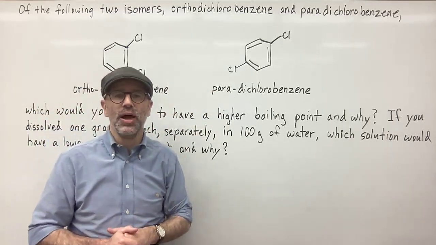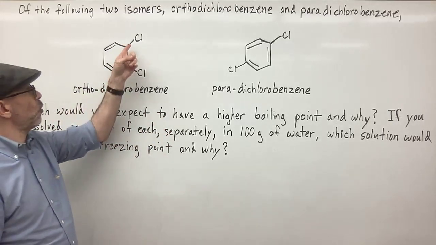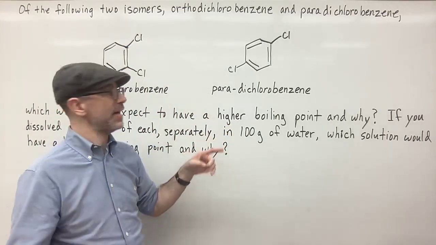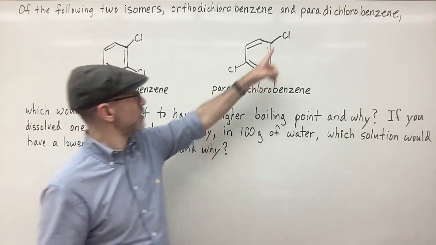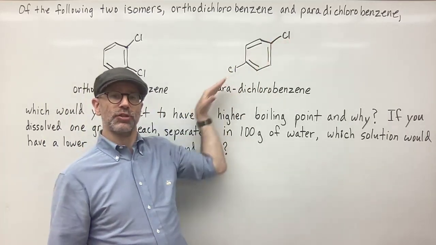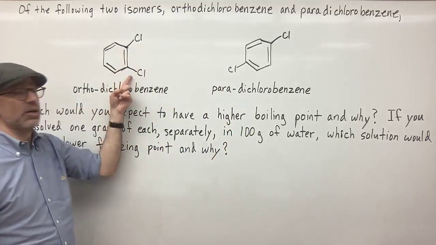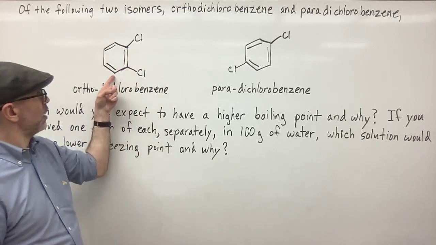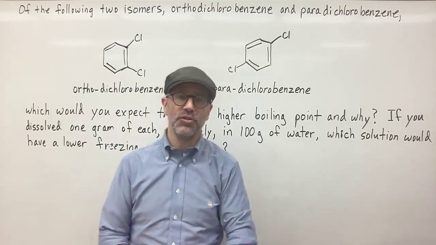Not really. For ortho, we just mean the 1 and the 2 position. For meta, we mean the 1 and the 3 position. And for para, it's the 1 and the 4 position across from each other. If they're across from each other on the benzene ring, that's para. If they're right next to each other, that's ortho. And if you skip one and go to the next one, the 1 and the 3, that's your meta position.